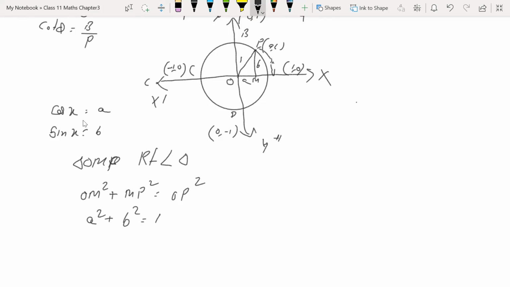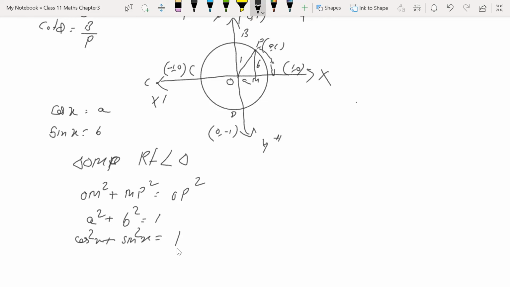Hence, we put the values of cos x as A and sin x as B in it. Then it becomes cos square x plus sin square x is equal to 1.